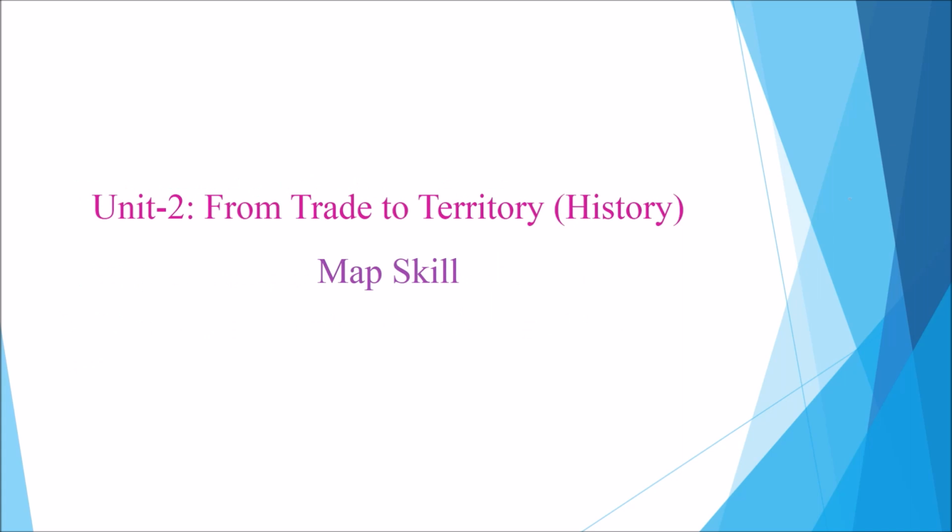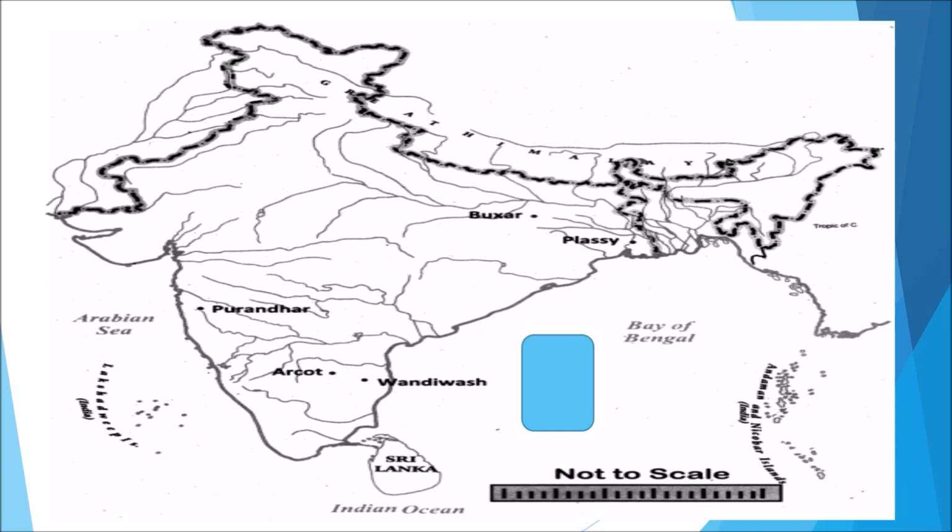Next, we are going to revise map skill. So students, now look at the river map of India. Here we can see Buxar, Plassey, Purandar, Arcot and Vandi Wash.